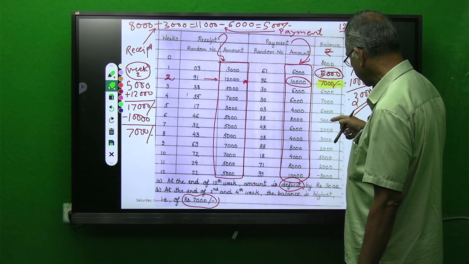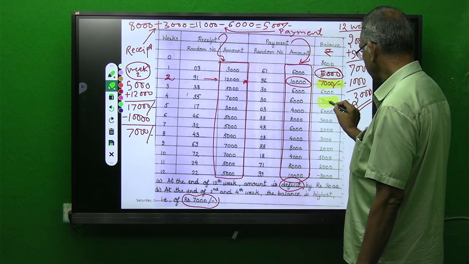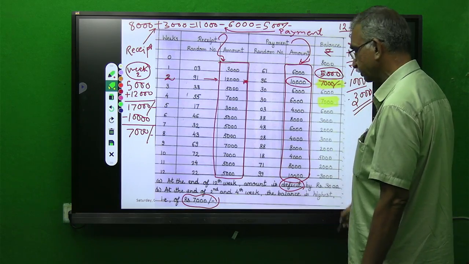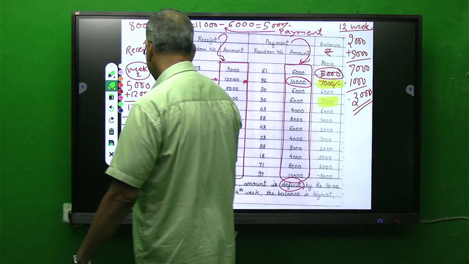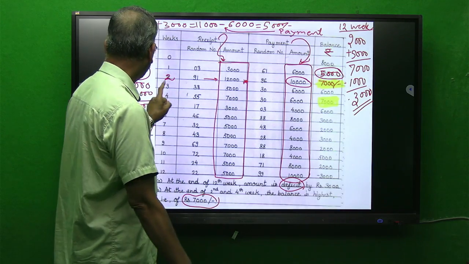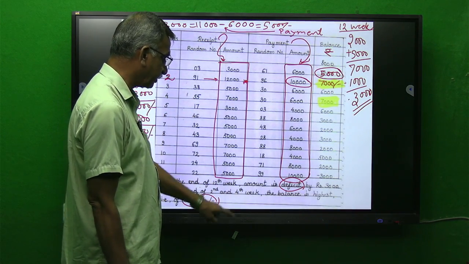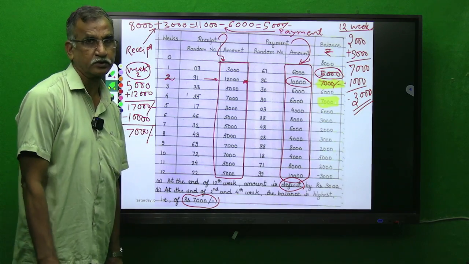Then highest again, this is 7,000. So this particular calculation of balance indicates that at end of second week and at the end of fourth week, the balance is highest.